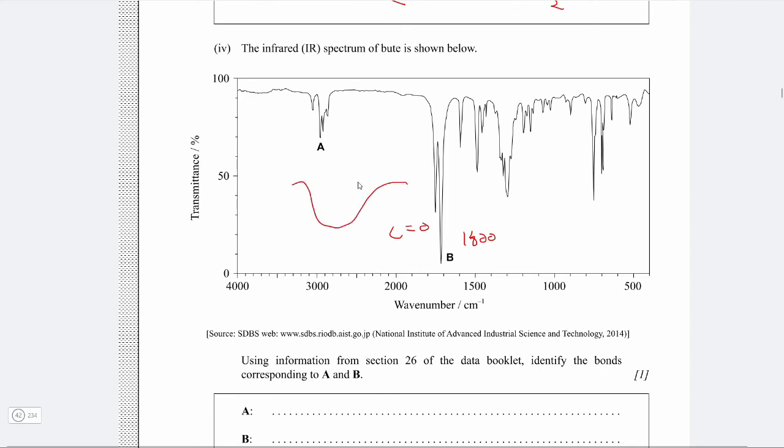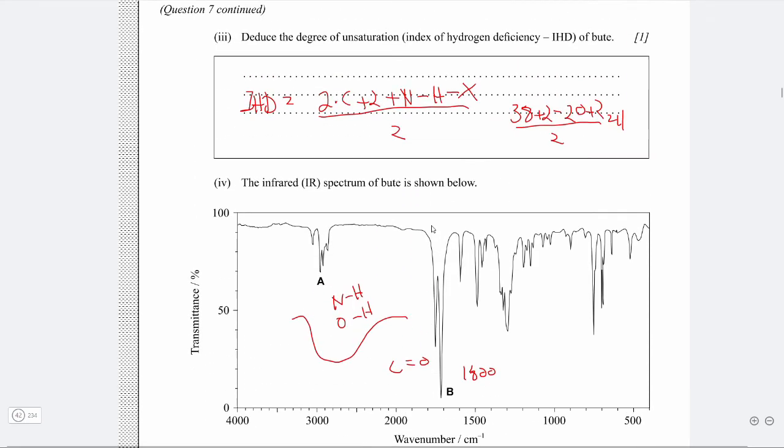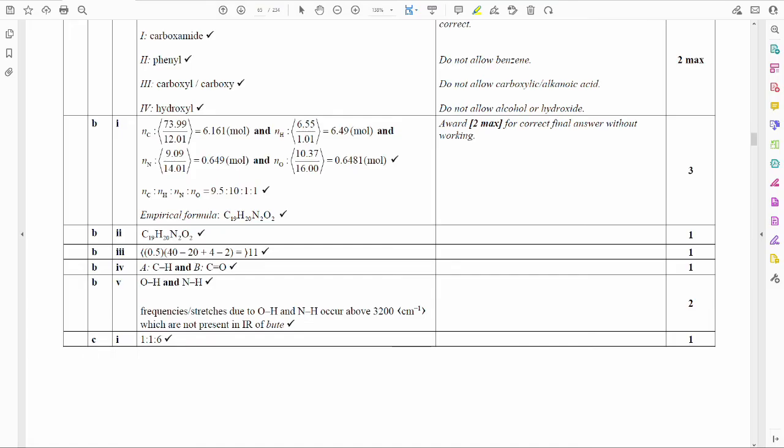So it's at least not an alcohol with hydrogen bonding. So I think it might be an amide or a non-hydrogen bonding hydroxyl group. But in this case I would go for amide. No, amine of course. Okay, O-H and N-H actually.